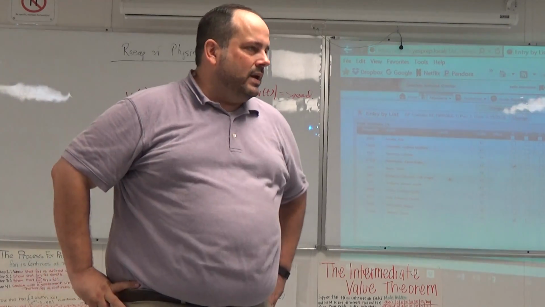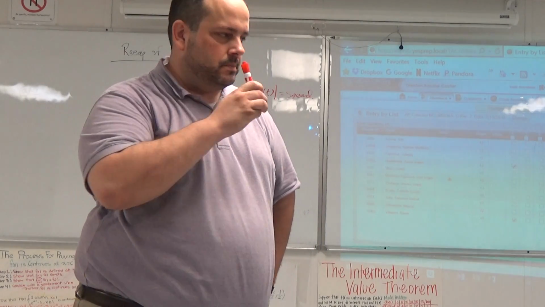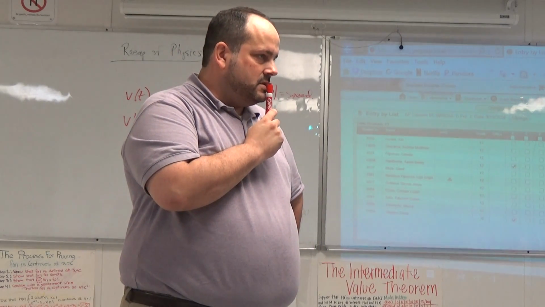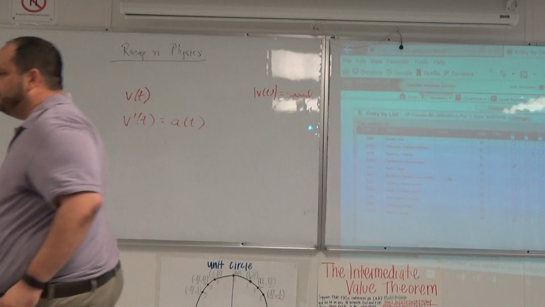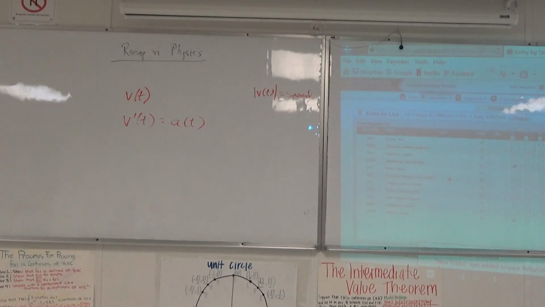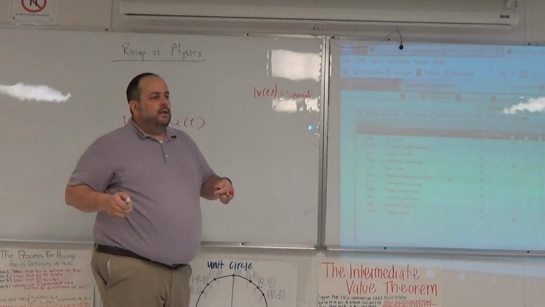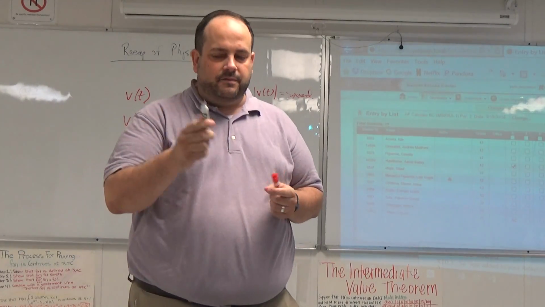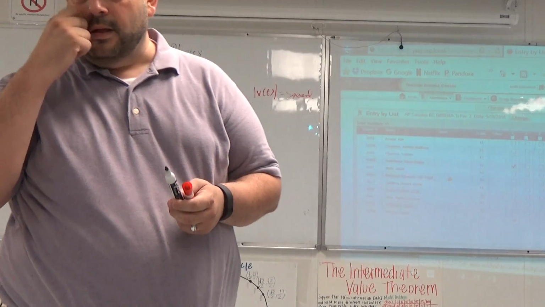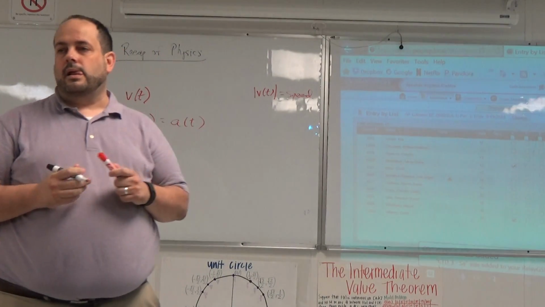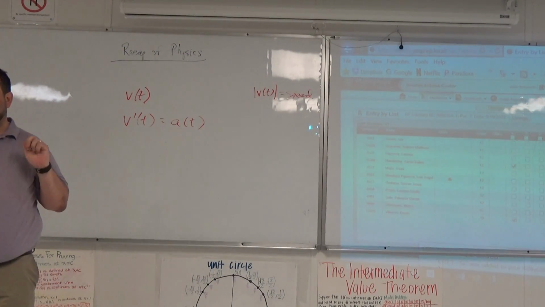What if I wanted to know when the velocity has a point of inflection? Talk to your neighbor about this. What would you do? Velocity has a point of inflection. Lewis, what do you know? That prime changes from increasing to decreasing or decreasing.